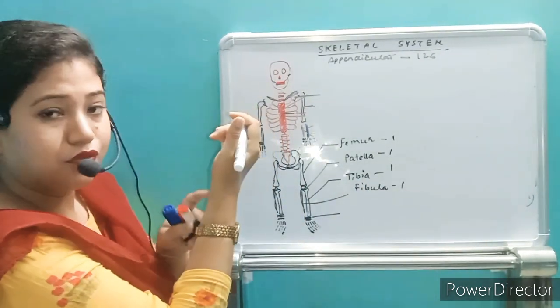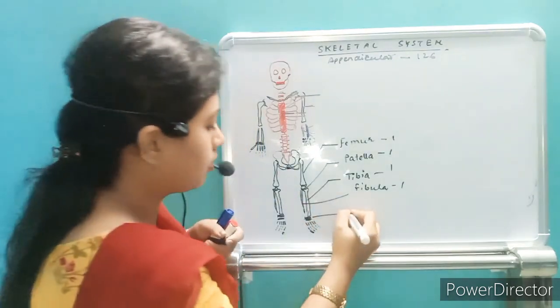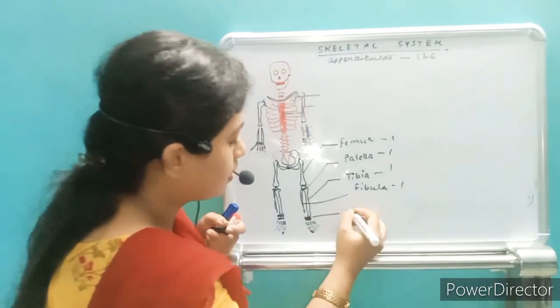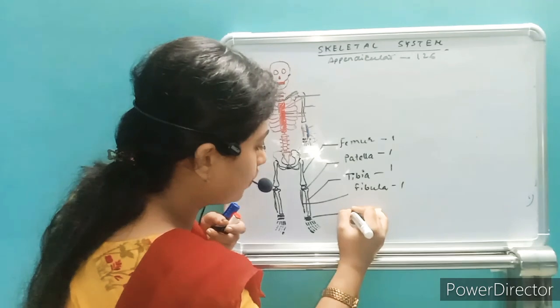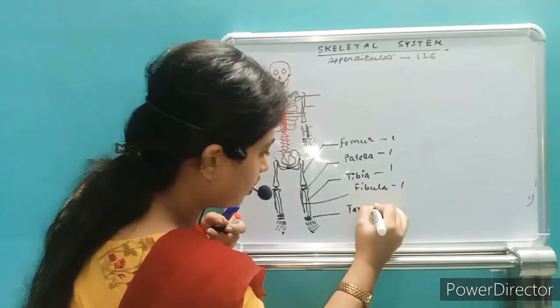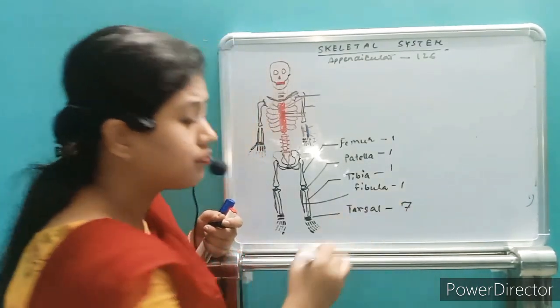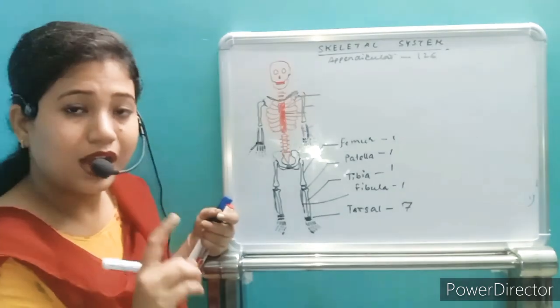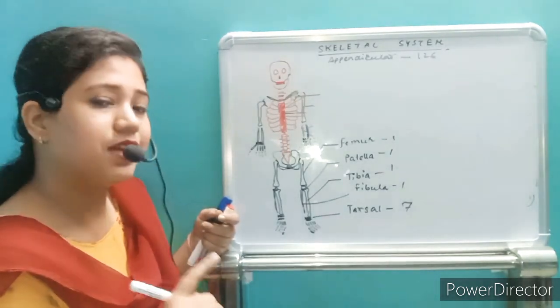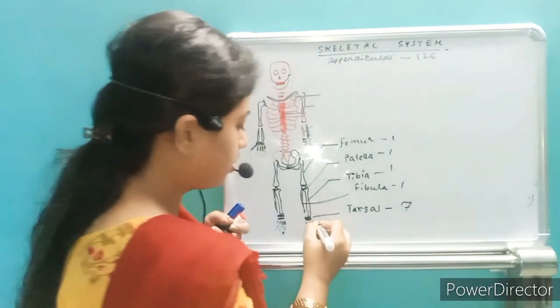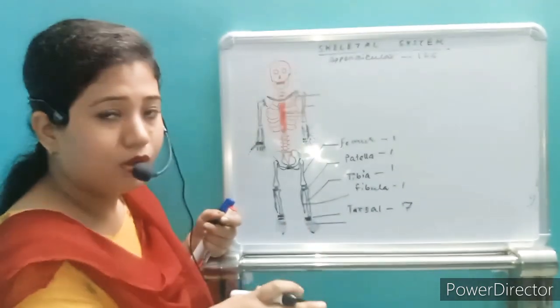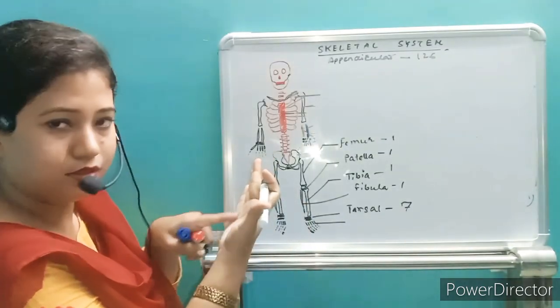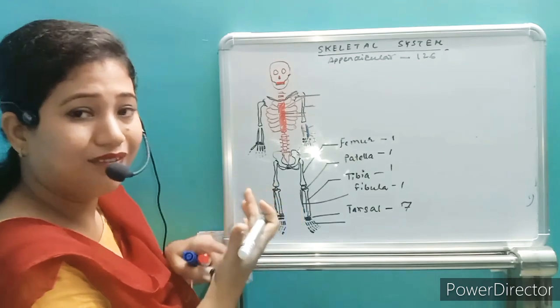Like the carpal bones in the hand, on the lower limbs, on the legs, we have the tarsal bones. How many tarsal bones do we have? Unlike the carpals, which have 8 bones, tarsals have only 7 bones, right? Next, in this part, we have 5 bones.